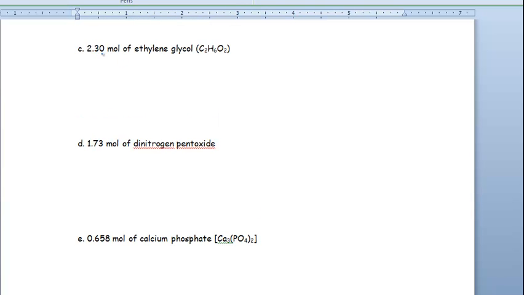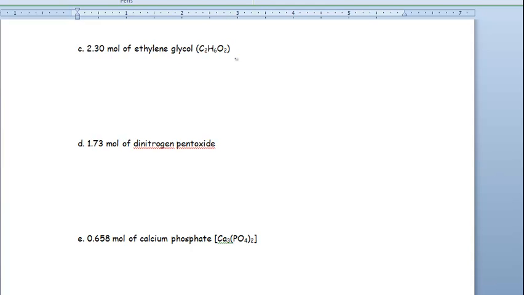We're going to convert 2.3 moles of ethylene glycol into the equivalent amount of mass, and we have the chemical formula here, so that's helpful, hopefully. So the first thing we need to do is know the molar mass of ethylene glycol.